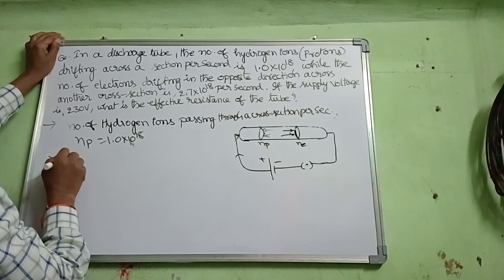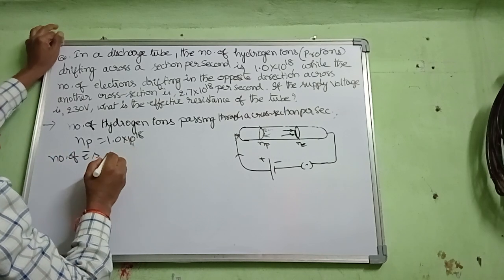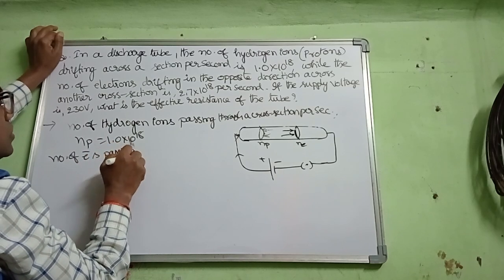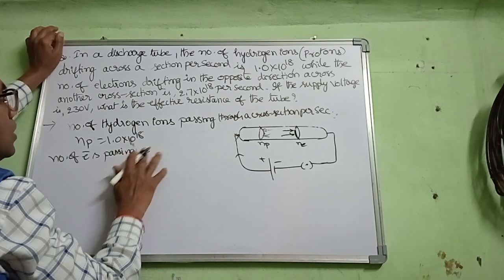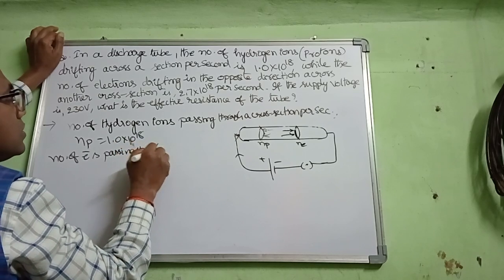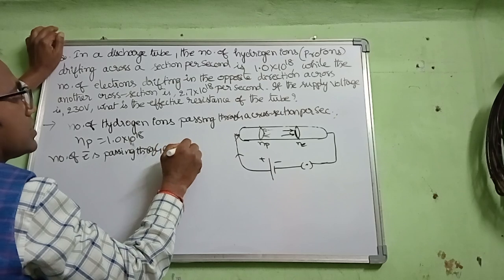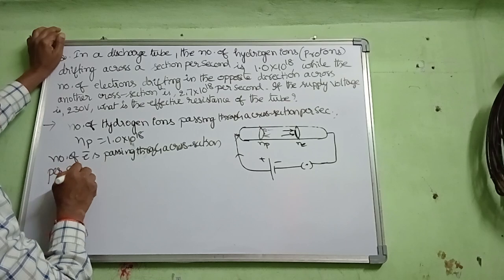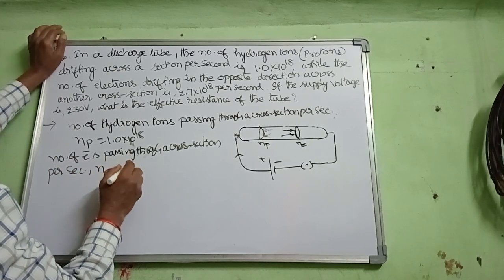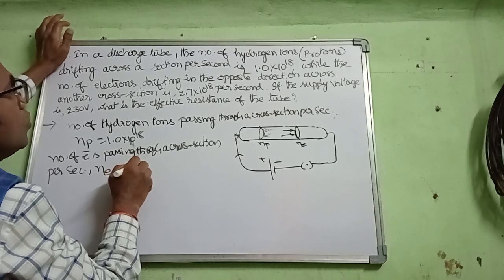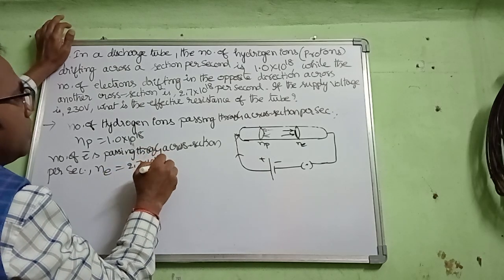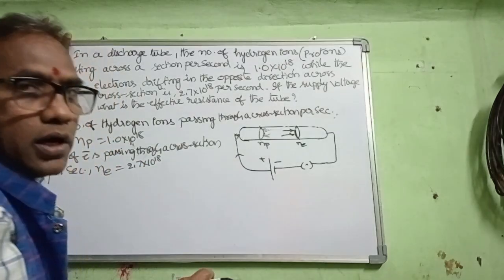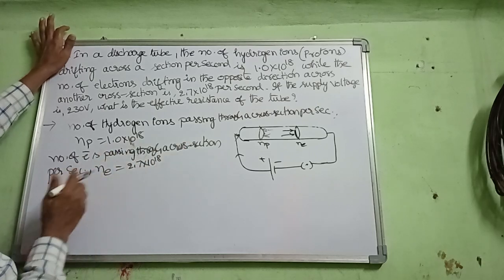Similarly, the number of electrons passing through a cross section per second, Ne, is given as 2.7 into 10 power 18. From this we can find the current passing through it.